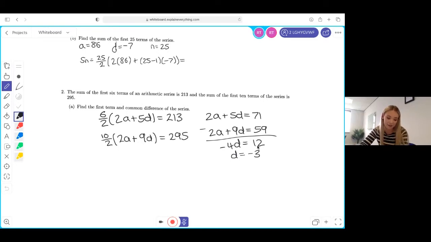That was most of the work, and then we'll just sub that back in to either equation to find our value of a then. So if I just go to that nice equation that we made of 2a plus 5d equals 71, and sub in d is minus 3.